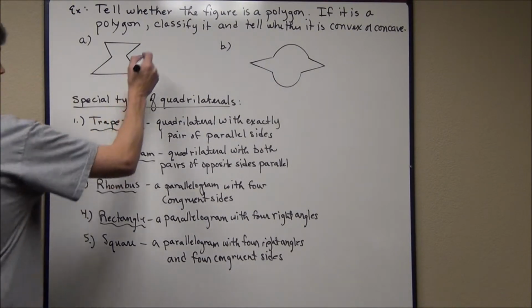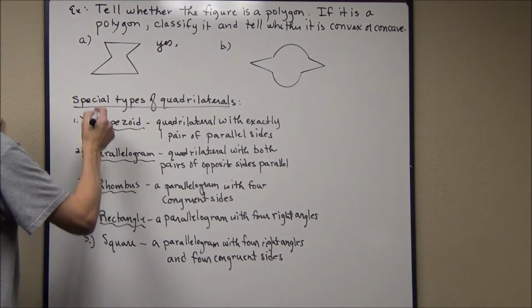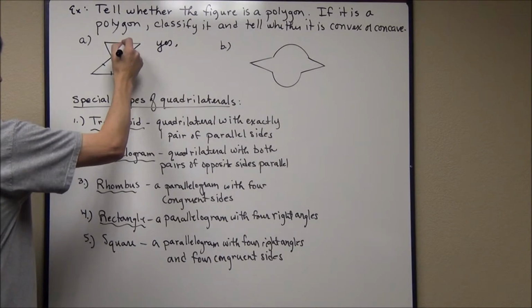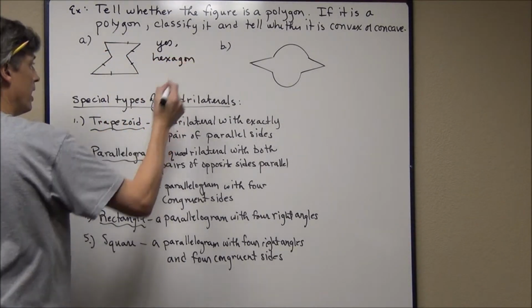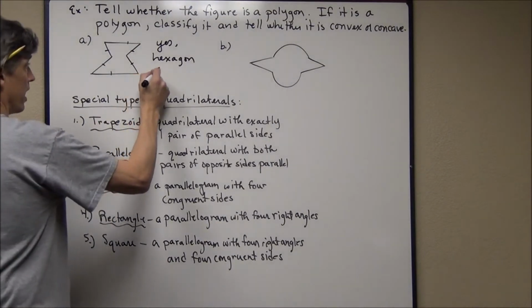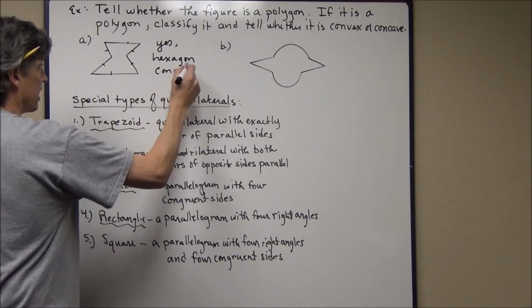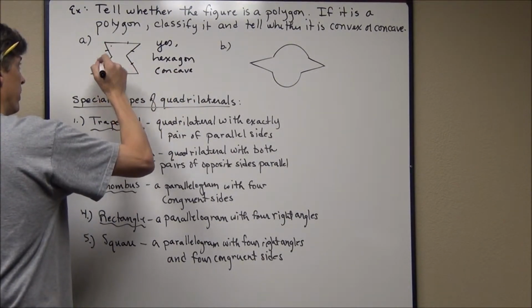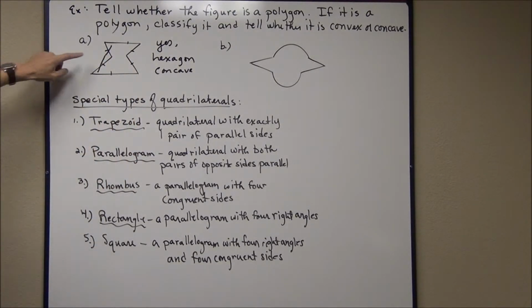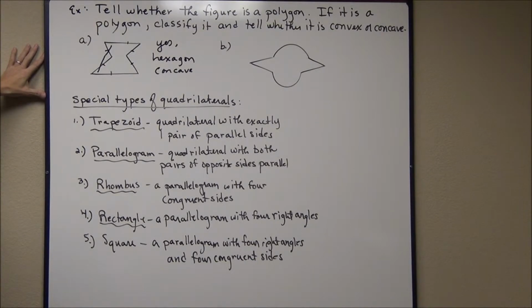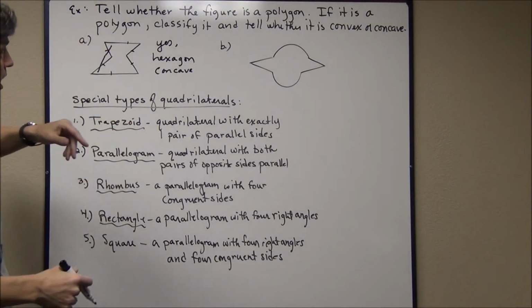So this one, yes, is a polygon. Okay, it has 1, 2, 3, 4, 5, 6 sides. That means it's a hexagon. And it is clearly concave. The reason I can tell you it's concave is if I put a point here and a point here, and I draw a line segment between them, it will go into the exterior of the figure. So it kind of caves in on the sides there.